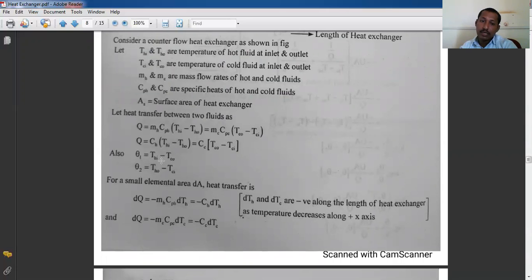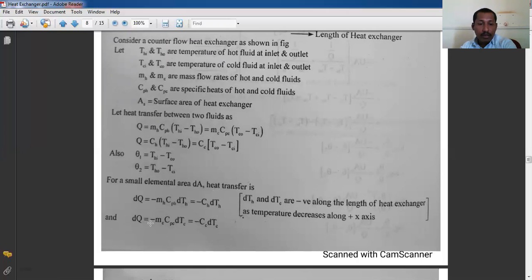In the previous case it was Thi minus Tci, but in this case Thi minus Tc naught, theta 2 is Th naught minus Tci. For a small element, area dA, heat transfer dq is equal to minus Ch dTh. The negative sign is because along the length of the heat exchanger, the temperature will be reducing. So that's why we are considering the negative sign.